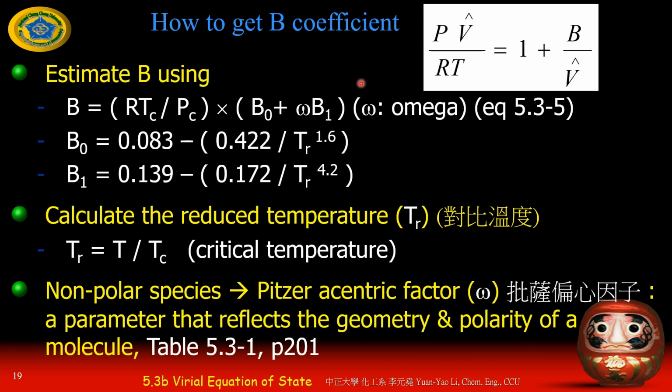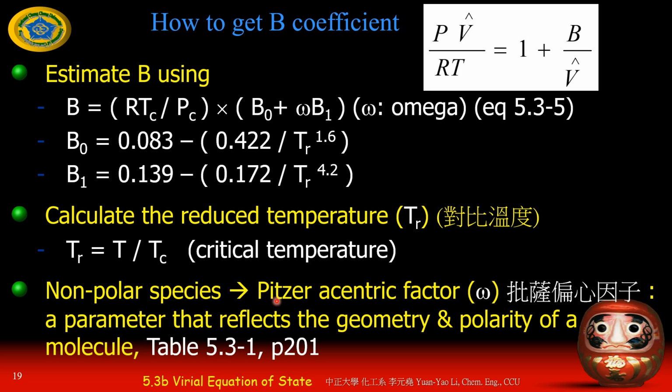And so now there's only one remaining that we don't know. You know B0 is here, B1 is here, and for B0 you have TR, and you know TR is here. So there's only one unknown here. It's called omega. What is omega? Omega is because this is for non-polar species. Omega indicates how far a species is from being non-polar.